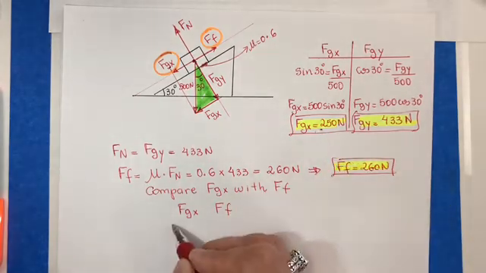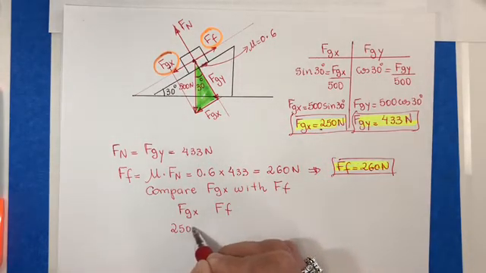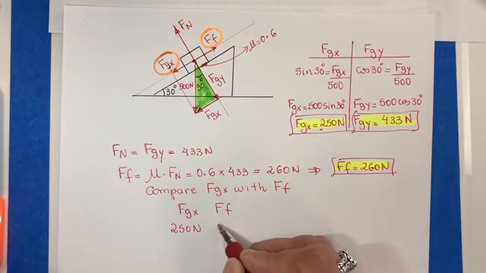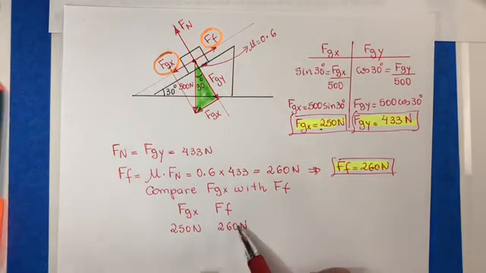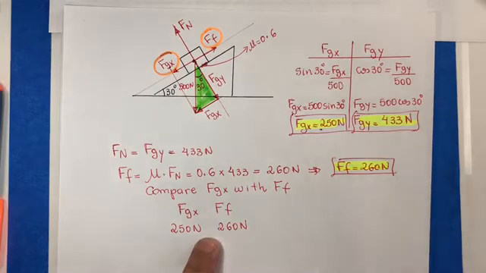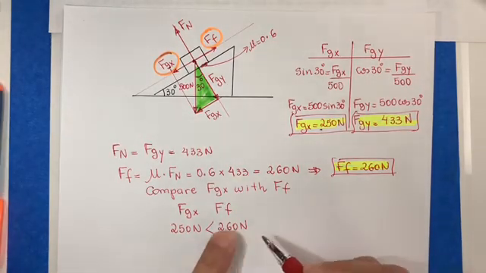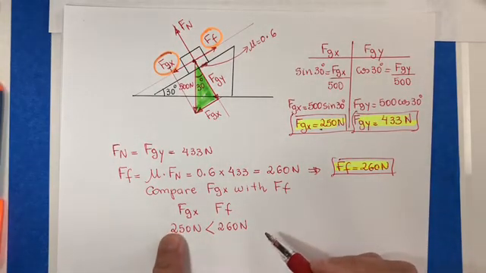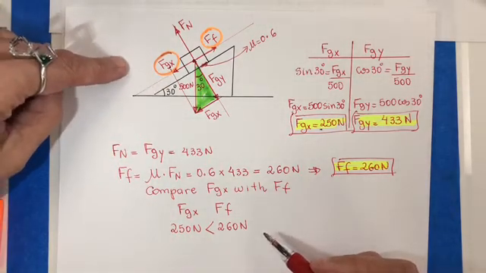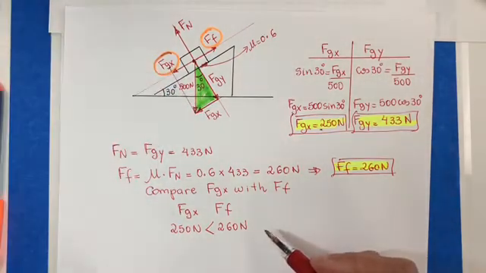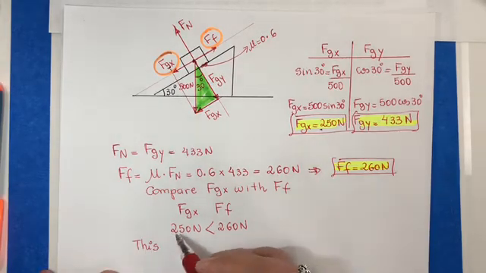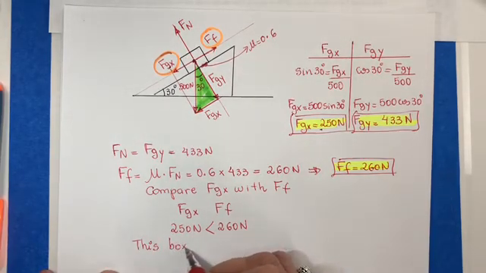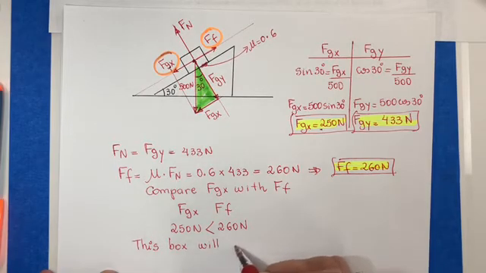My FGX is 250 newtons and my FF is 260 newtons. So it looks like this box is not going to slide because the force of friction is greater than the horizontal component of the weight. So this box will not slide.